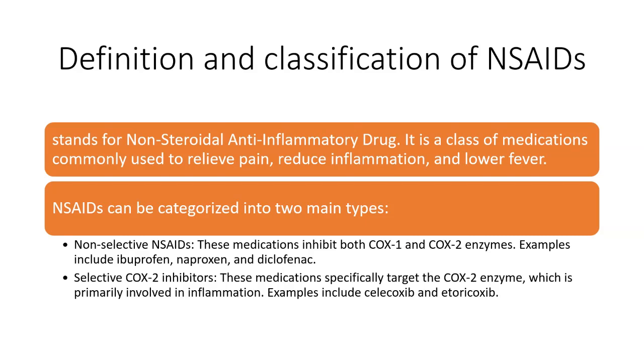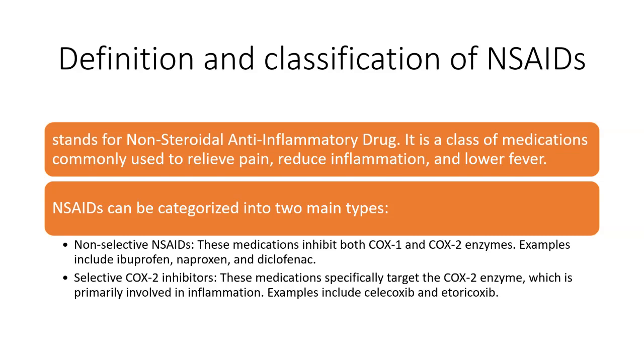By inhibiting both enzymes, non-selective NSAIDs effectively reduce pain and inflammation, but can also cause gastrointestinal side effects due to COX-1 inhibition. Common examples of non-selective NSAIDs include ibuprofen, widely used for pain relief, inflammation reduction, and fever management.